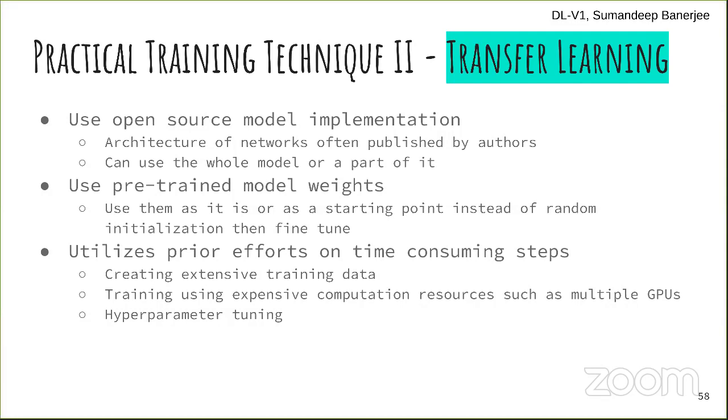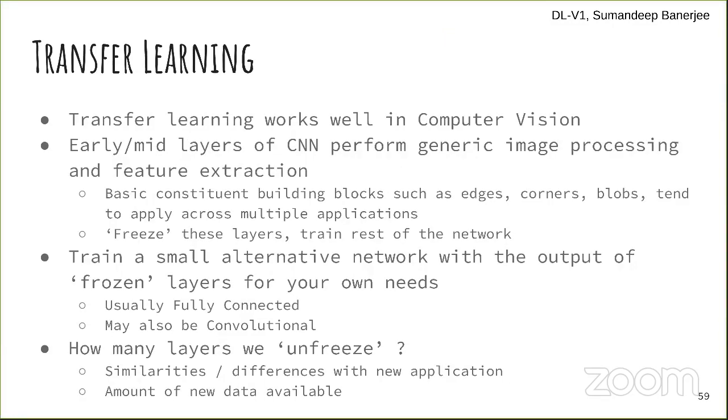And why can we use it? Now the question comes, we can use this, but what if our problem is different from what they're trying to do? It turns out that transfer learning works very well in computer vision. Why? Because the whole premise is that the early and the mid layers of the CNN, right, they perform generic image processing. They are ultimately kind of learning generic image processing and feature extraction. Like they are learning to find the building blocks, right?